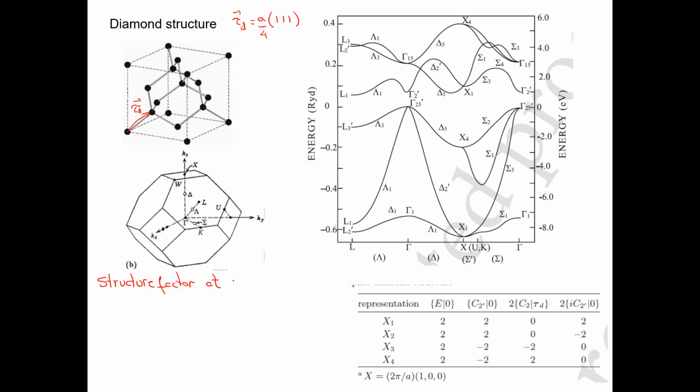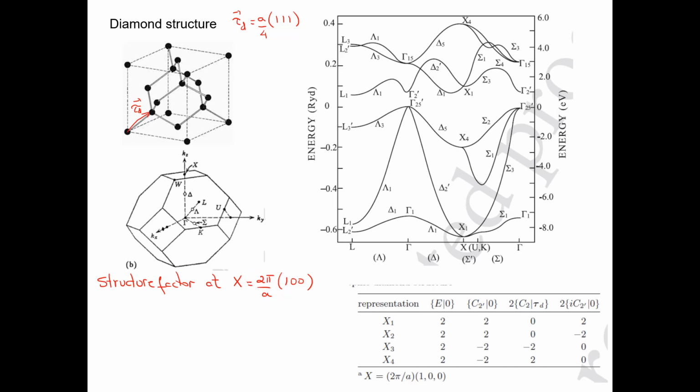Now be careful, because for the FCC lattice, and the diamond structure has an FCC Bravais lattice, the X point is not pi over a (100), but is 2 pi over a (100).